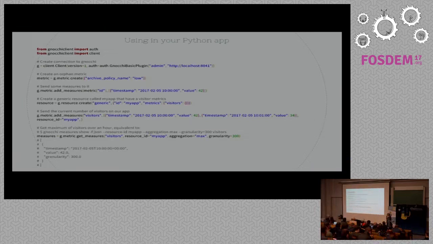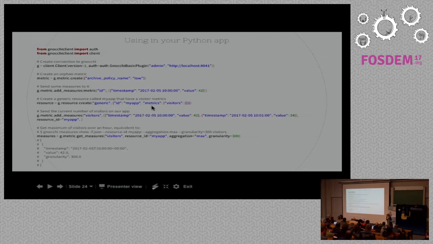So it's pretty simple. You just have to use an SDK, which is Gnocchi client, which is on top of the API. First thing, you create a client, specifying the URL of the API, and then you can create a metric with just one call, add a measure, add a resource. Here I just created a generic resource which exists by default, so it does not have any attributes, just an ID.